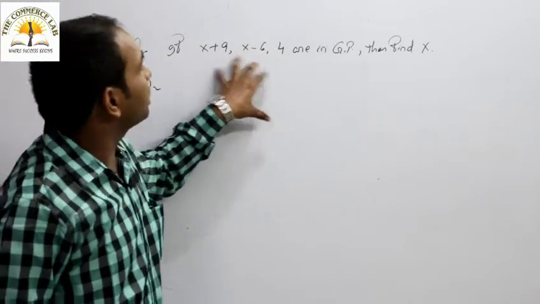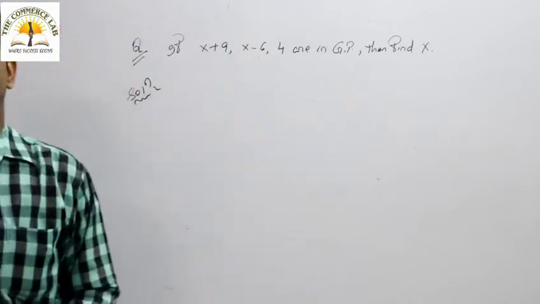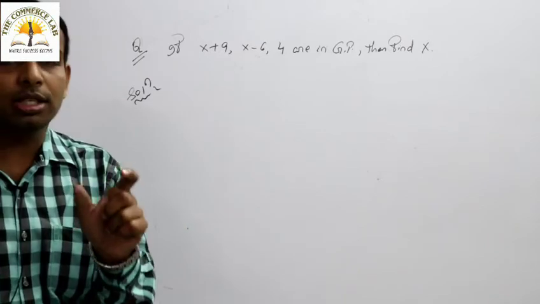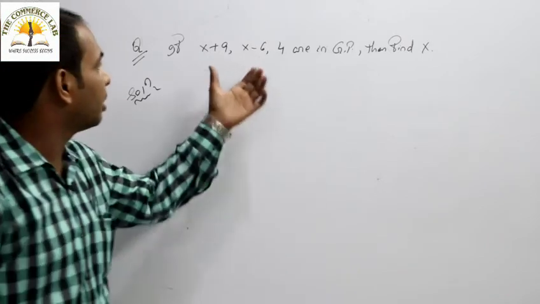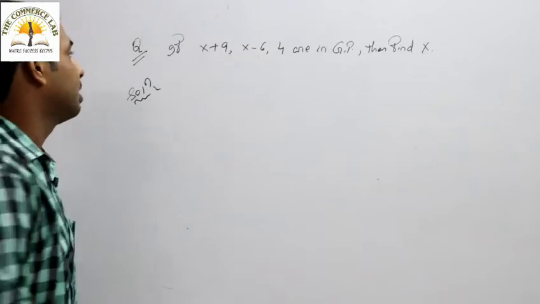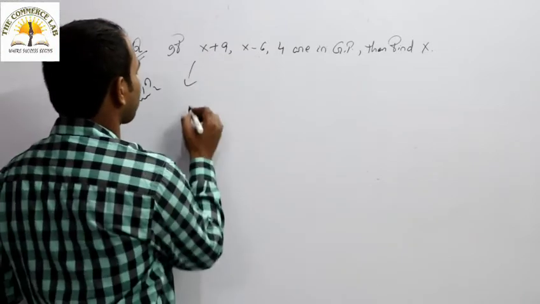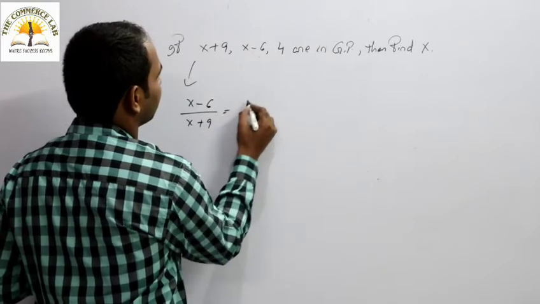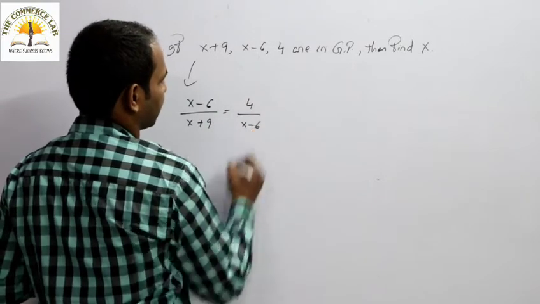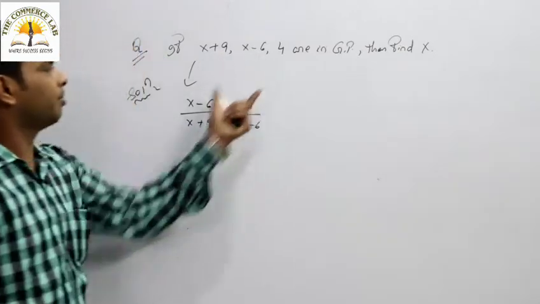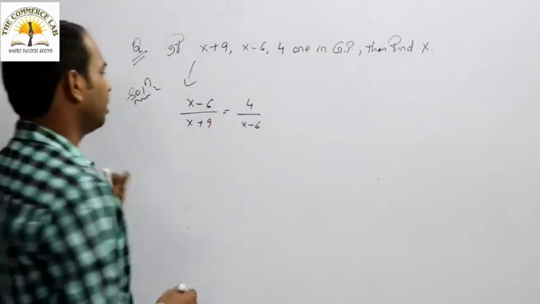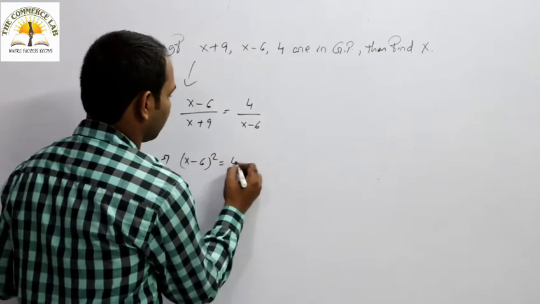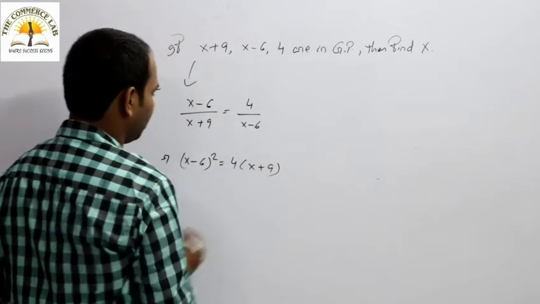If these three numbers are in GP, then the consecutive ratio between these numbers must be same. Then it can be written as x minus 6 by x plus 9 is equal to 4 by x minus 6. The ratio between these numbers must be same. Then by calculating this one, x minus 6 whole square is equal to 4 into x plus 9.